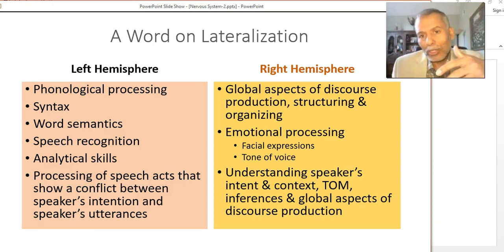Will you say something that makes them happy? And so on. Inferences. Anything that is implied, that is not directly stated, the right hemisphere is dominant. But the right hemisphere wouldn't know unless it gets the words and the sentence structures from the left hemisphere. So you know that both of them work together.